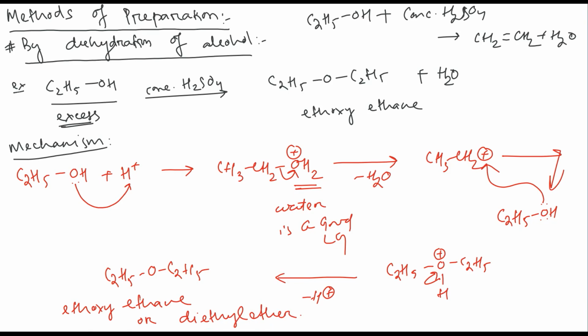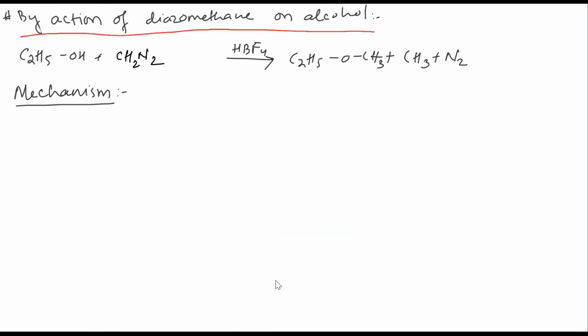The next method of preparation of ether is by the action of diazomethane on alcohol. If you react alcohol with diazomethane in presence of HBF4, which is fluoroboric acid, one type of acid, in presence of that acid there is formation of ether. The structure of diazomethane is CH2=N=N.